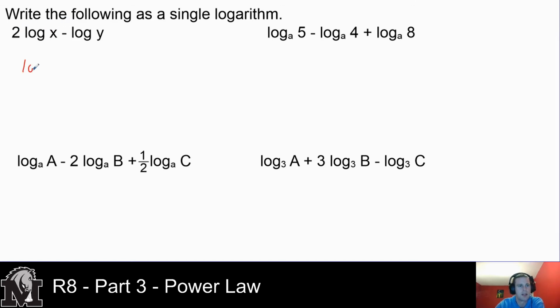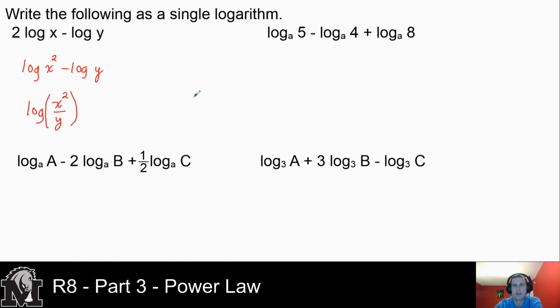So this is like log of x squared minus log y. If you think back to previous videos, when we are subtracting a log, we can put its argument into the denominator. So this is actually log of x squared over y. Now these brackets aren't necessary, but I'm just putting them there so you can see clearly what the argument is.